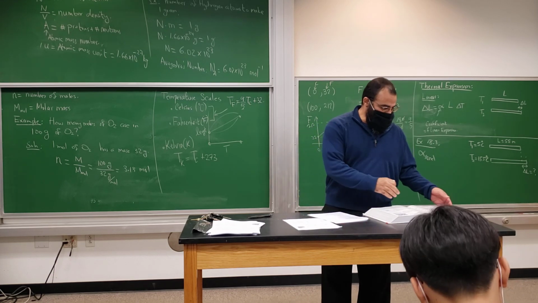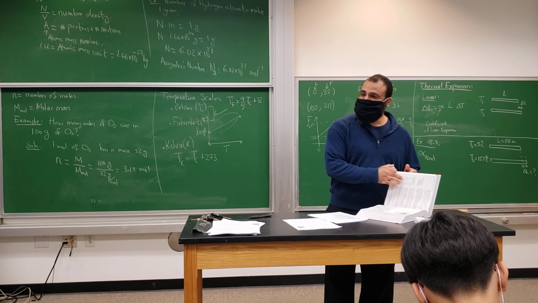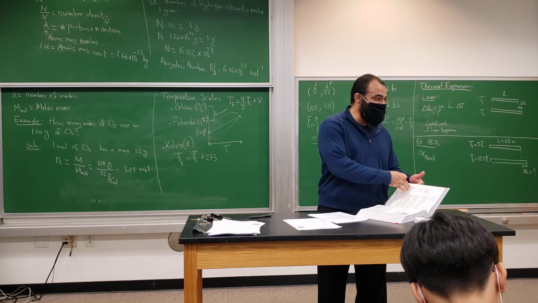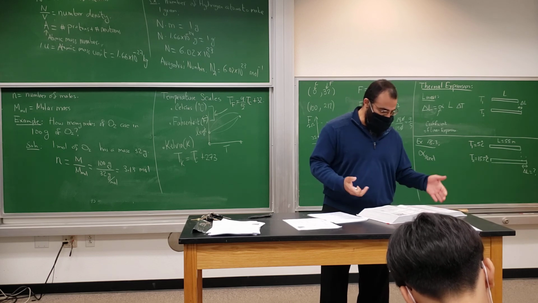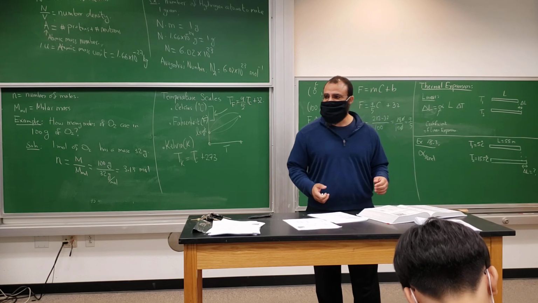For alpha for steel, you go to the book where there is a table, or you use Google and find it. In a test or a quiz, it's given to you. Of course, nobody memorizes tables.